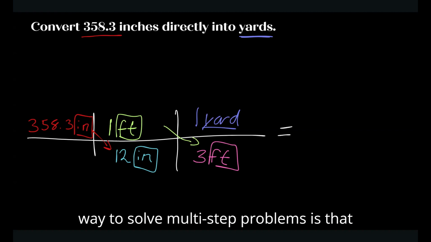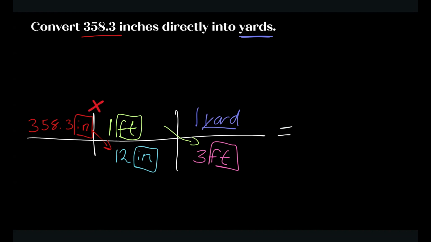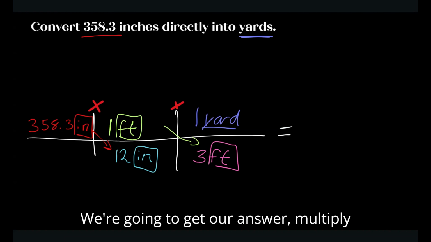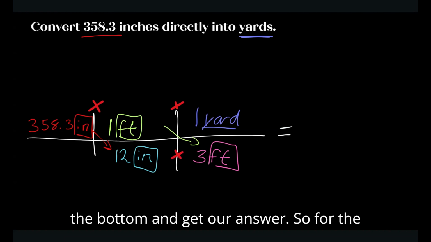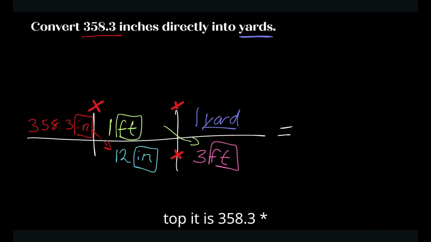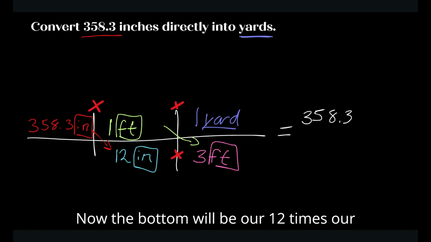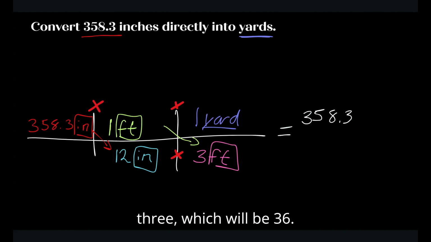Now, the best way to solve multi-step problems is that we are going to multiply the top, get our answer, multiply the bottom, and get our answer. So for the top, it is 358.3 times 1 times 1, which will be 358.3. Now the bottom will be our 12 times our 3, which will be 36.